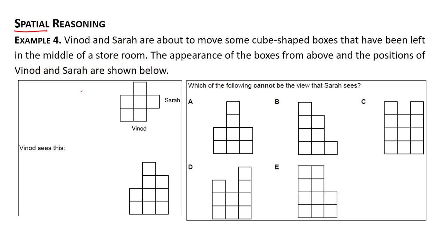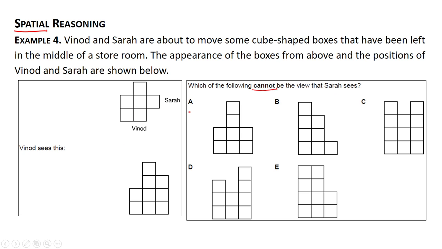So from the top view is this. This is the top view. Vinod is here and Sarah is here. Vinod sees this. Question. Which of the following cannot be the view that Sarah sees?